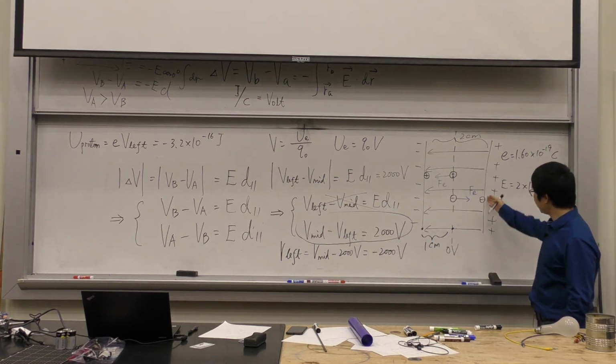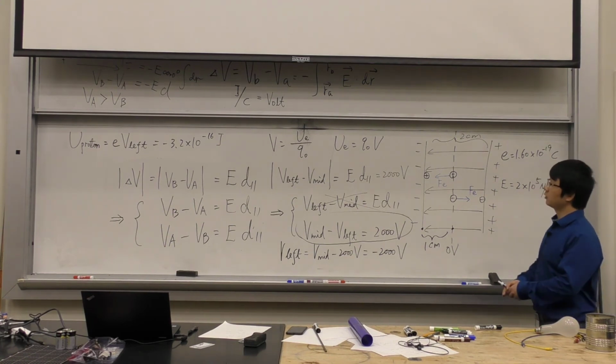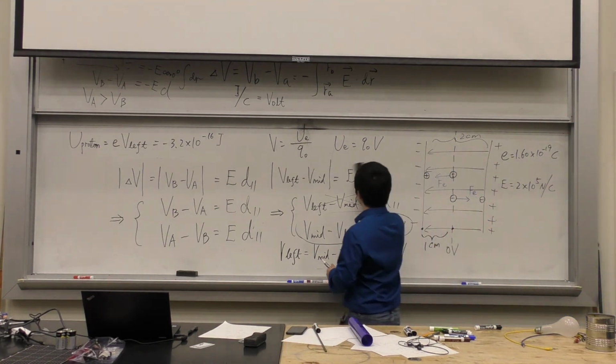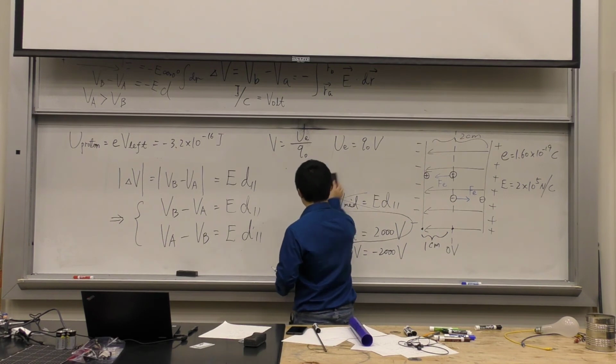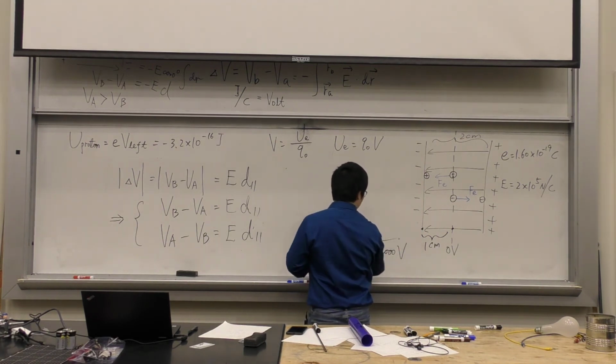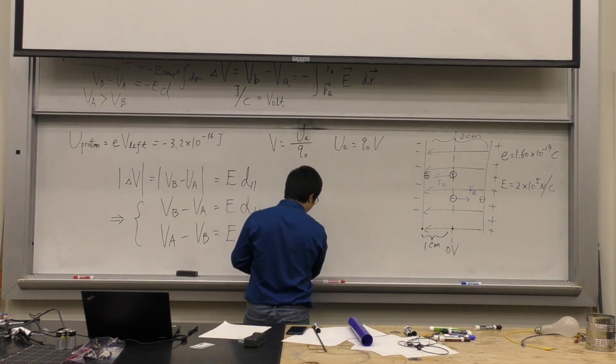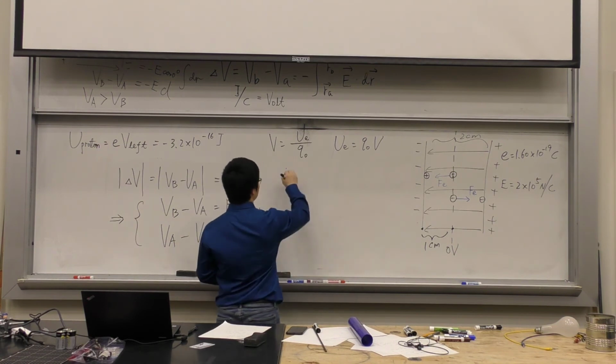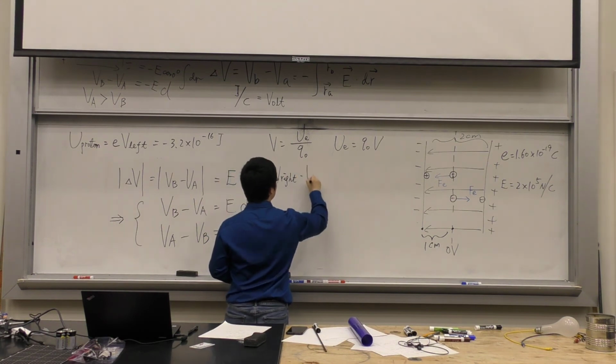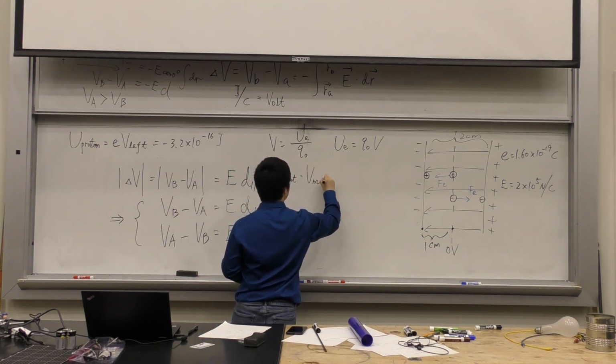Now, what is the potential at this point? You're going to repeat everything, right? So I'm going to erase this. Again, the problem already tells me reference point 0, the middle point, so I repeat what I just did with the left plate.